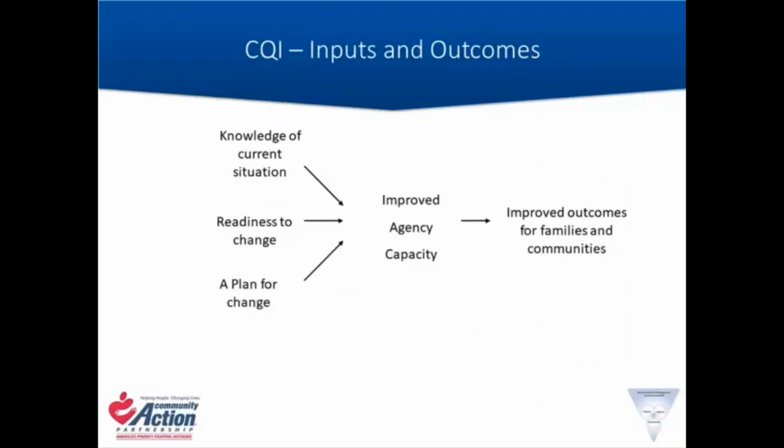So our current agency knowledge, what do we know, those data sets, that readiness for change, and then that plan for change, and then all of that contributes to this improved agency capacity, which we ultimately know is where we're working to be able to have that impact, to improve the outcomes for the families that we work with and the communities that we serve.